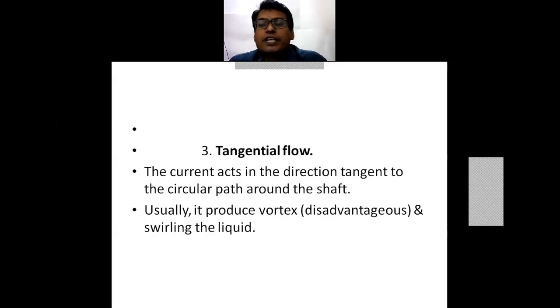And this vortex generation is a disadvantage in the process of agitation, and that is why we mostly use baffles. So usually it produces the vortex, which is disadvantageous, and the swirling of the liquid will be observed.